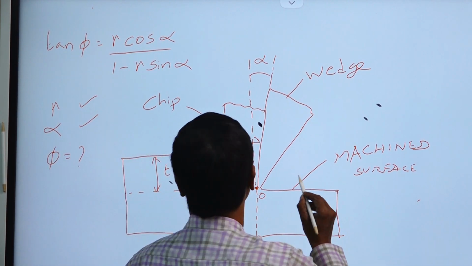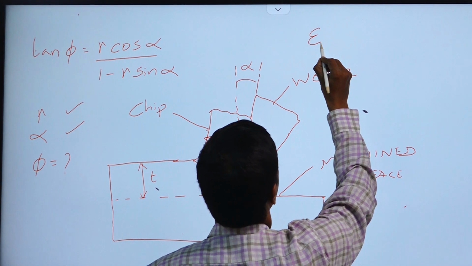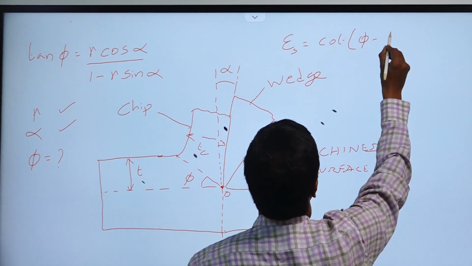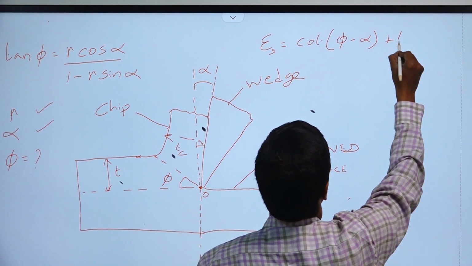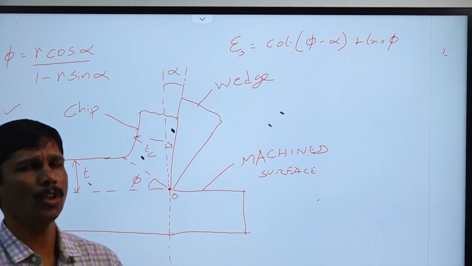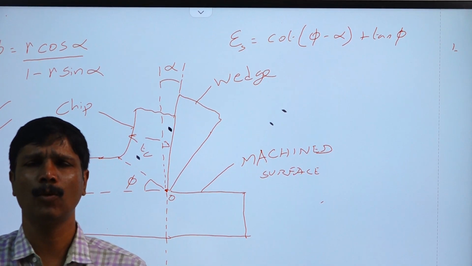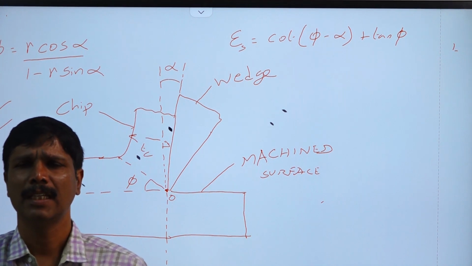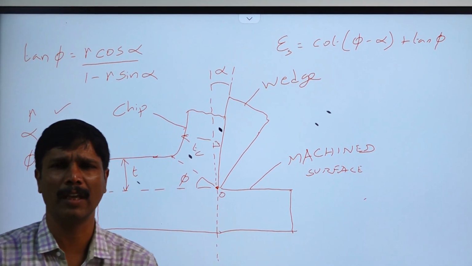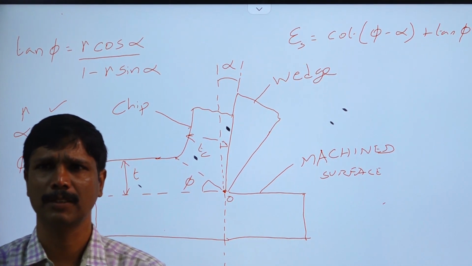In shear strain we have cot phi plus tan of phi minus alpha. When you know alpha and phi, you can easily find the shear strain. So, for shear angle and shear strain, you have two formulas. Now, we will solve some problems by using these two formulas.